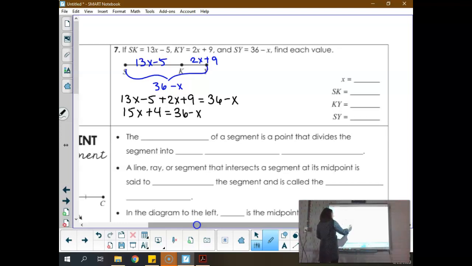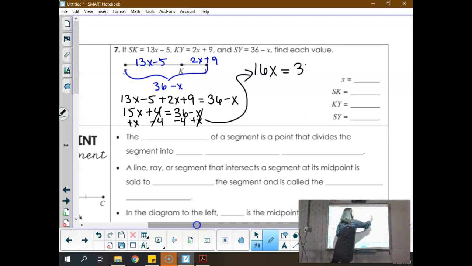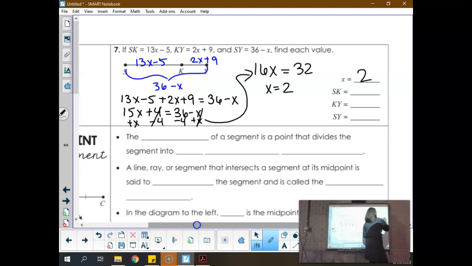I'm going to move the x over, and I'm going to move this 4, so it'll cancel, and that will cancel. And because I write way too stinking big for these pages, I've got 16x equals 32. So x equals 2. Ta-da. That's the bulk of the work.